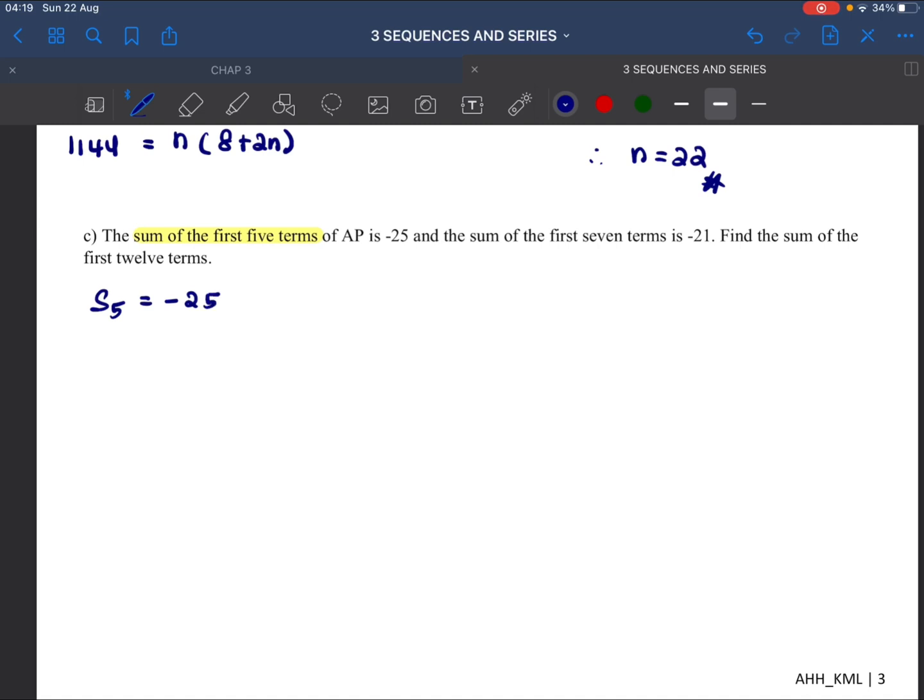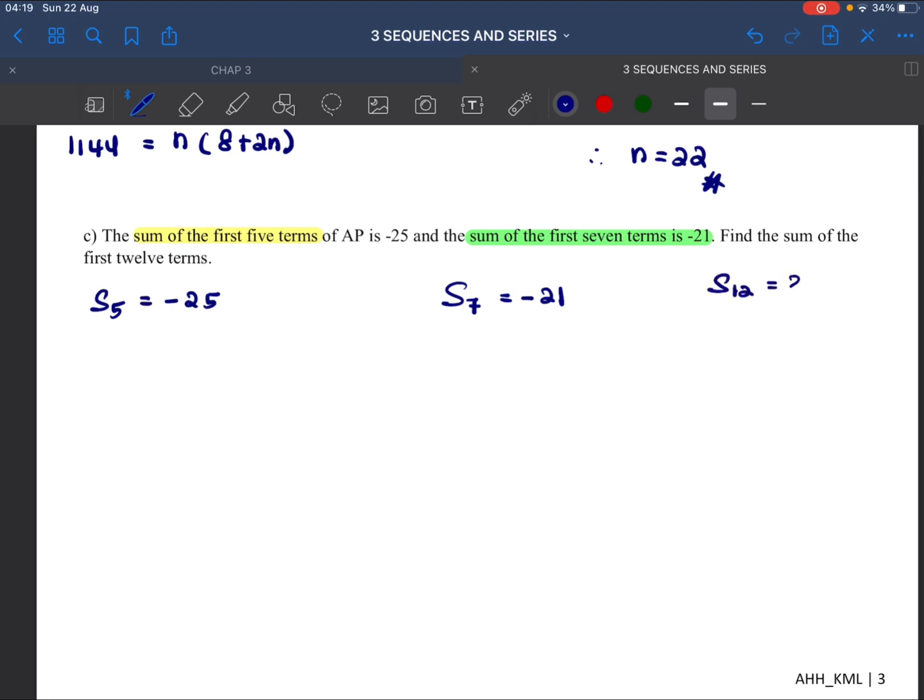And then we have sum of the first 7 terms is negative 21. Okay, sum of the first 7 terms is S7 equals to negative 21. Okay, and then the question asks to find the sum of the first 12 terms.